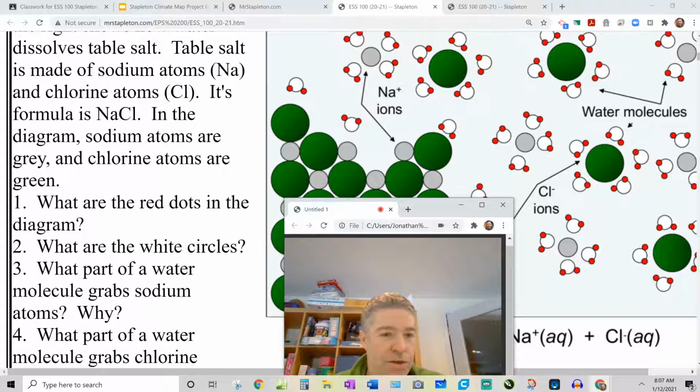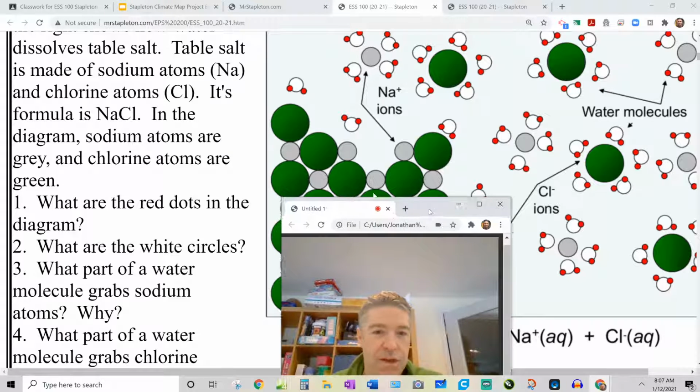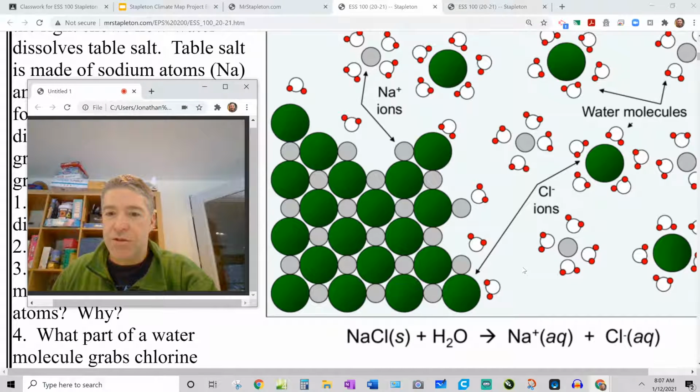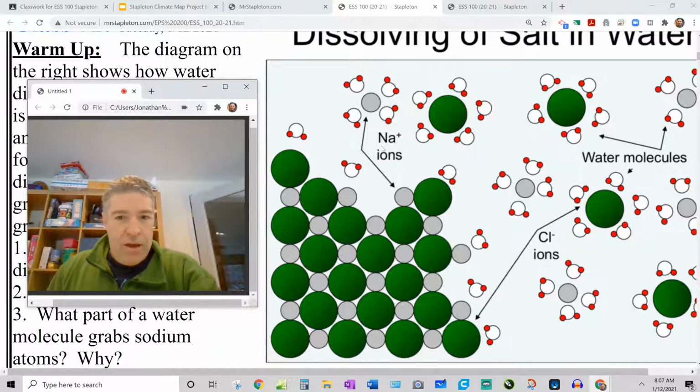Question number 3 over here: what part of a water molecule grabs sodium atoms and why? So in this picture, you wouldn't know this, but sodium, maybe some of you know it, the abbreviation for the element sodium is Na. I don't really know why.